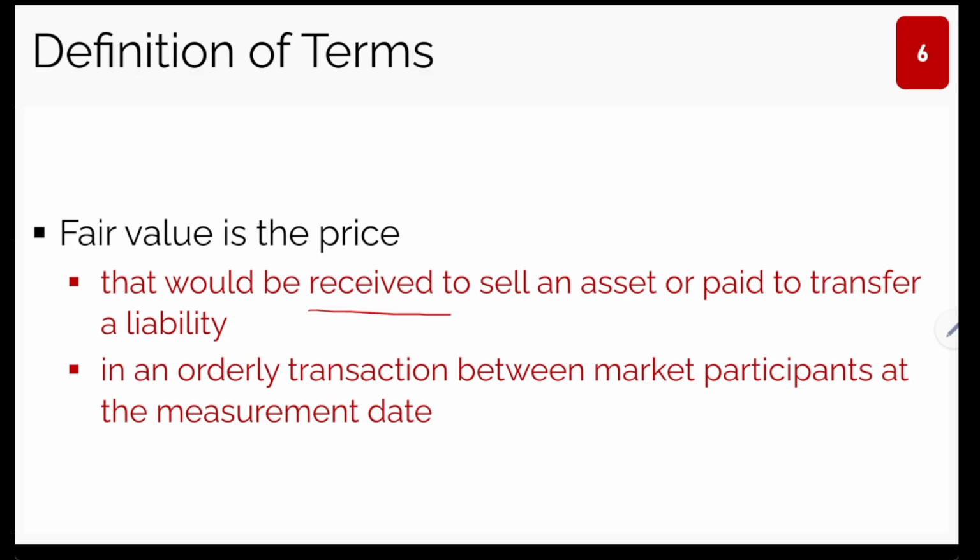It can even change in the space of 1 year. You could have changes in the price, in the fair value of an asset. So that's why the measurement date is important. We need to know what date the fair value was determined. And that's why we said it is the amount or price that will be received to sell an asset or paid to transfer a liability in an orderly transaction between market participants at the measurement date.